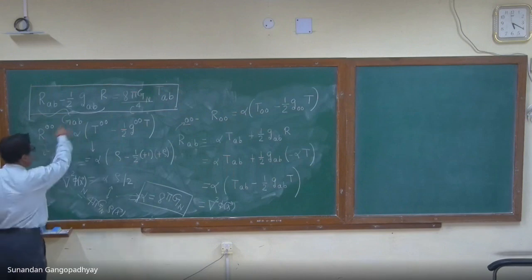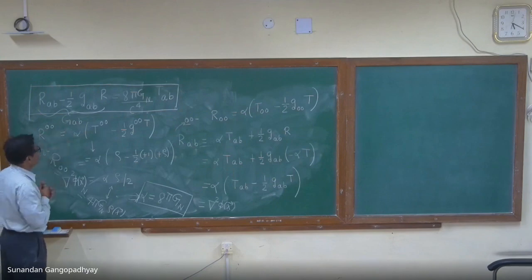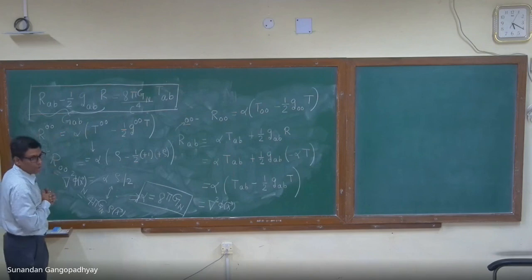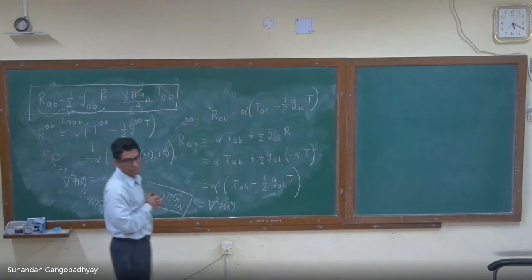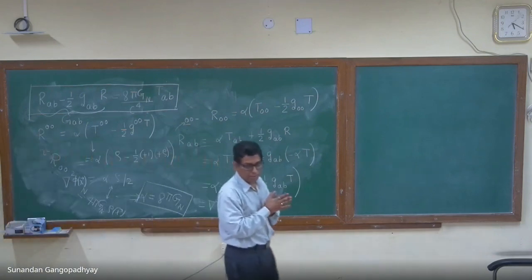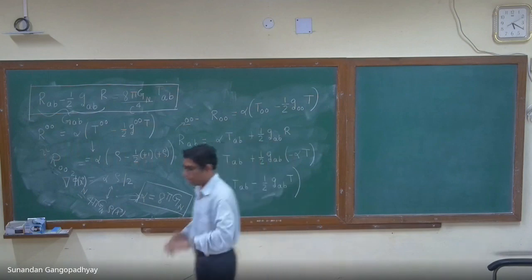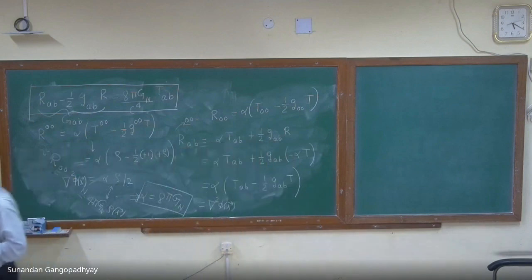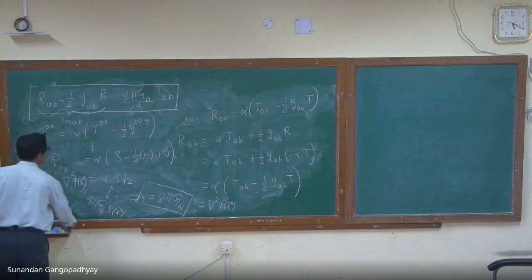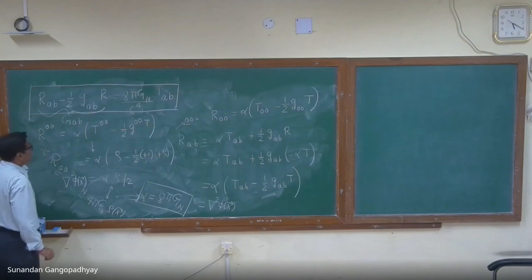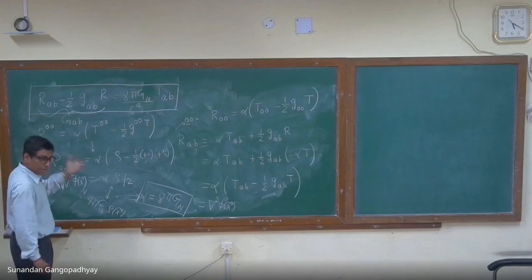It is a second order differential equation, it's a tensor equation, there are 10 such equations, and also it reduces to the appropriate equation in the Newtonian limit. Reduces to the Poisson's equation of Newtonian gravity. And this is the field equation proposed by Einstein. And later on, he proposed another term.